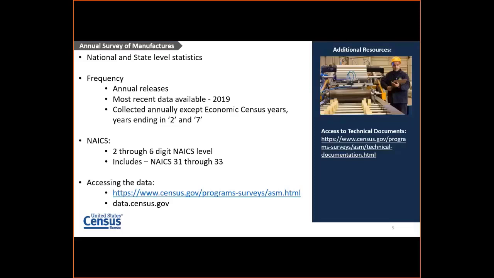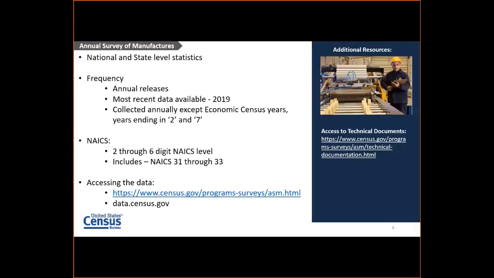The most recent data that we have is for the 2019 survey year. Now, statistics from this program include employment, payroll, supplemental labor costs, and operating expenses, and a whole lot more. To include energy consumption and inventory. It is a program, if you want to think about it, as the manufacturing industry's scorecard.